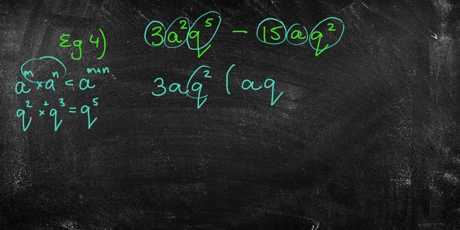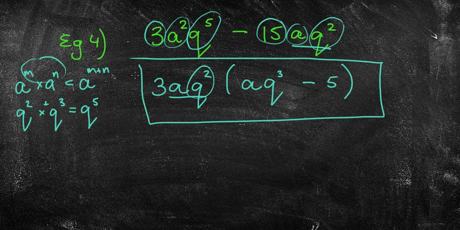Which means if I've got 2 of them here, I'm missing 3 of them there. 2 plus 3 makes the 5. There's a minus, so I'm going to put a minus here. And then the next bit, 3 times 5 makes 15. aq squared, I've already got aq squared, so there's no need to put anything else there. And then I've got my answer there.